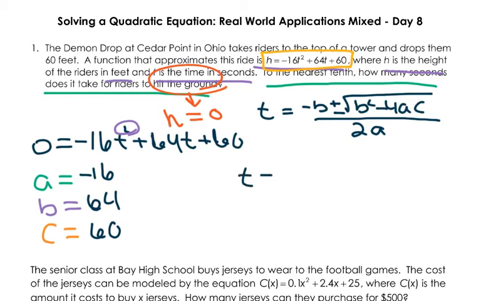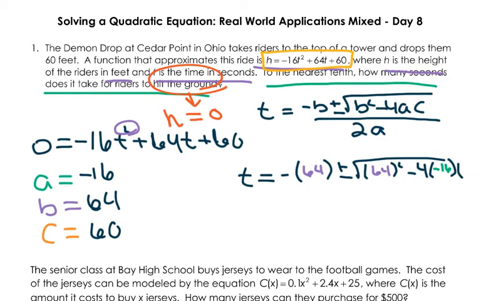So I have t equals, remember, always use your parentheses. Negative 64 plus or minus the square root of 64 squared minus 4 times negative 16 times 60.